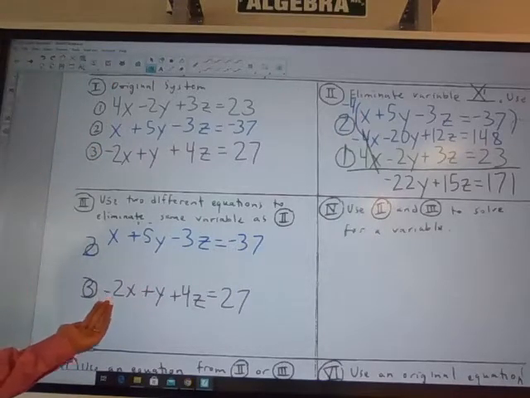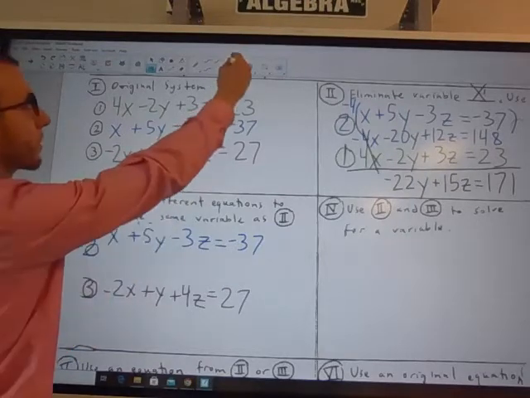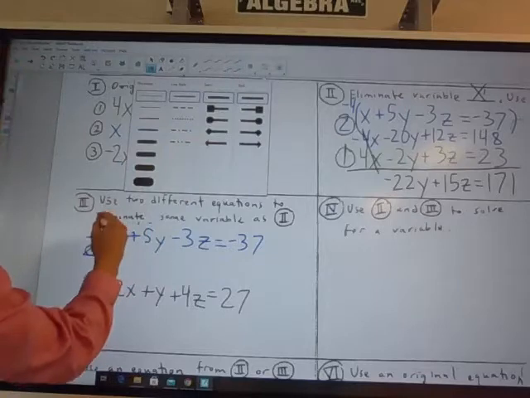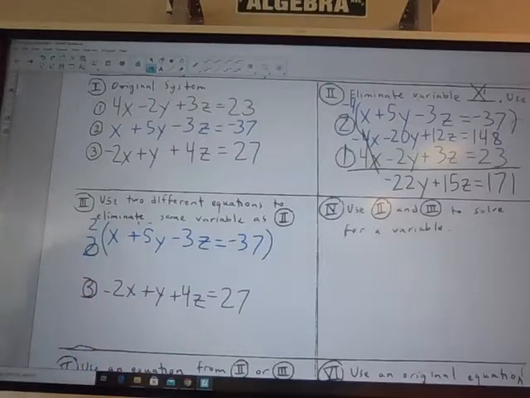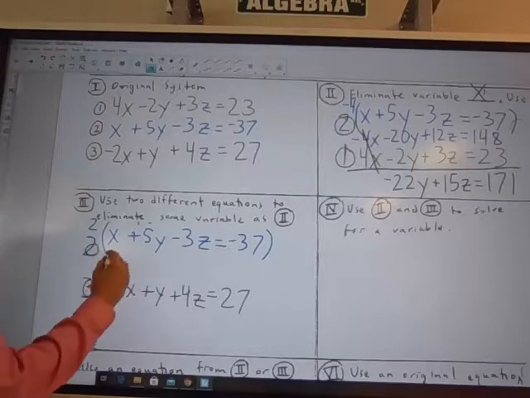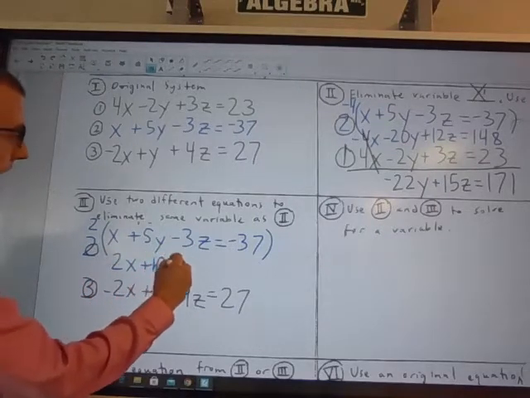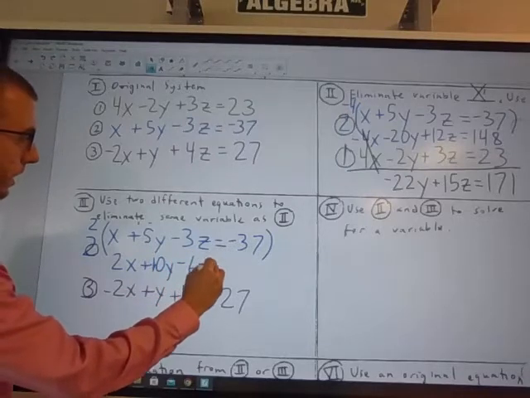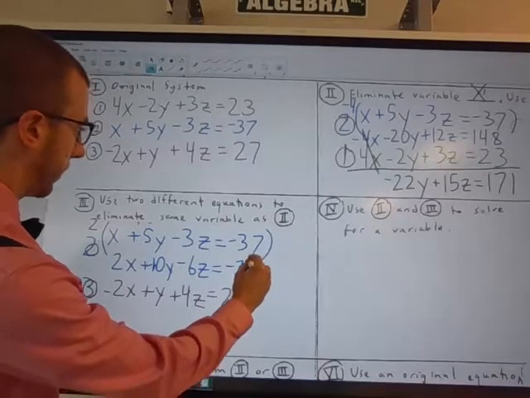So if this one is negative 2x, that means this one needs to be positive 2x. So I'm going to multiply everything in this equation again by 2. So that gives me 2x plus 10y minus 6z equals negative 74.